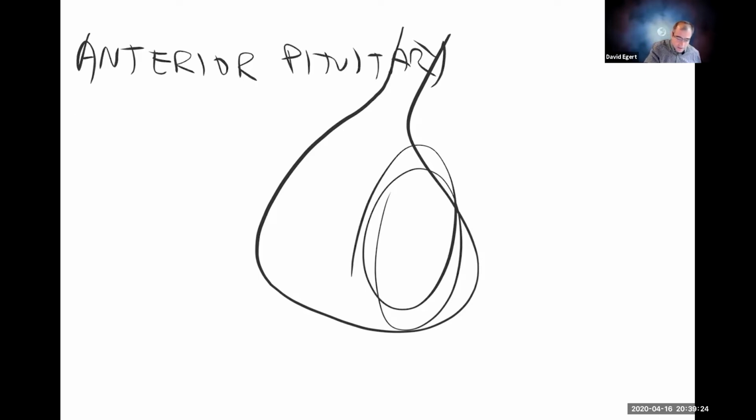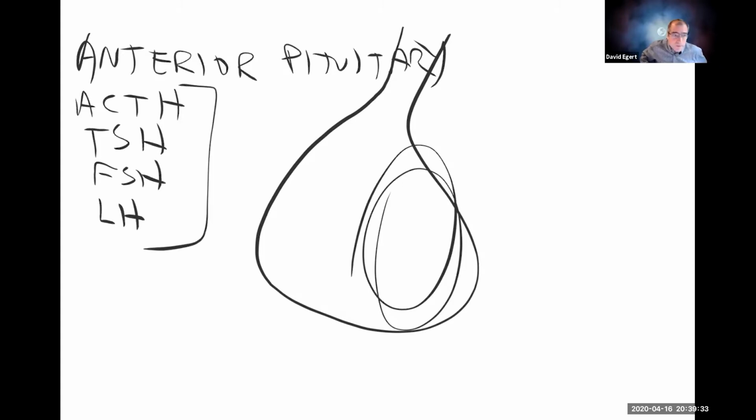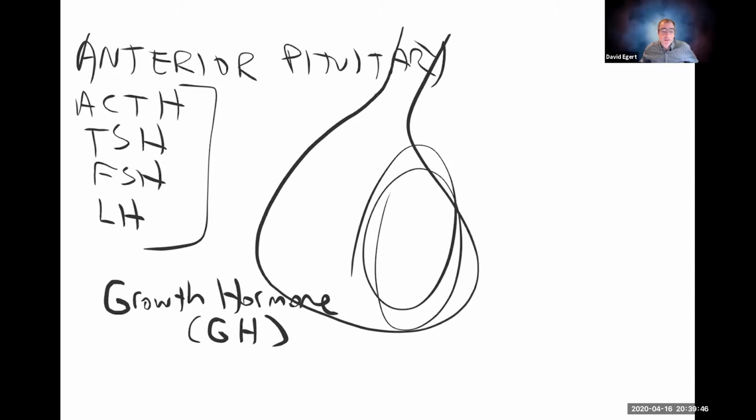So there's ACTH, TSH, FSH, LH. These are the ones we just talked about. These are all tropic hormones. There's also growth hormone, GH, which is what it sounds like.